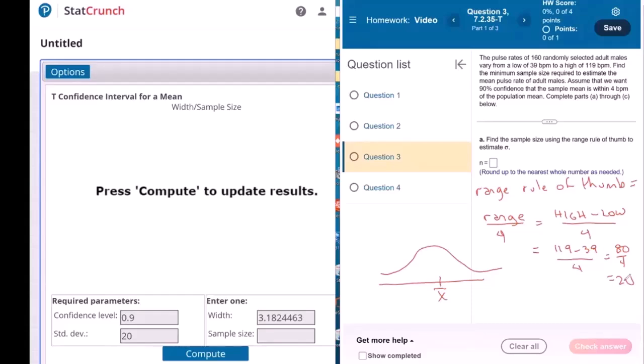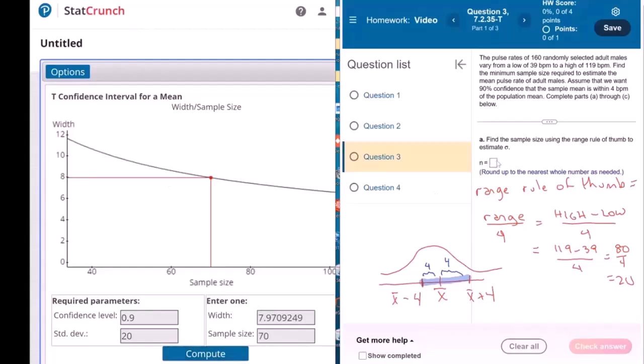We only have the sample, but we want x bar minus 4 and x bar plus 4. The width is from here to here. It's 4 from here to here, and 4 from there to there. Our total width is 8.